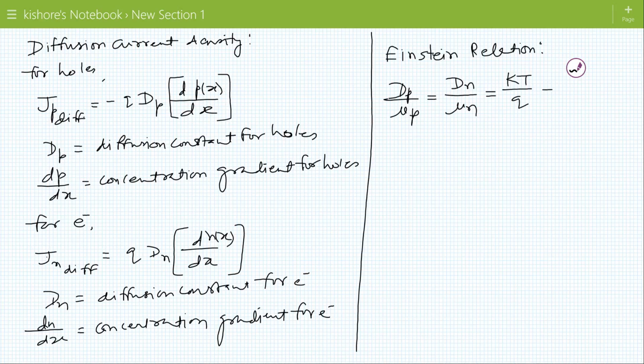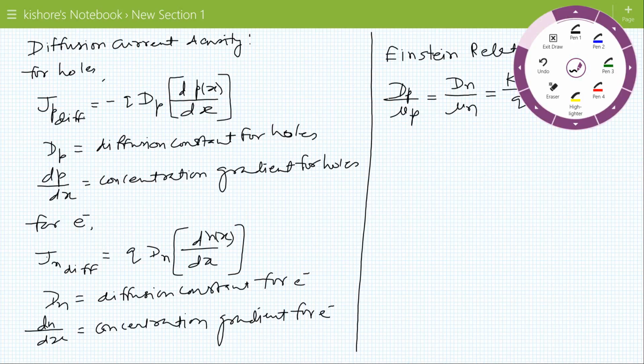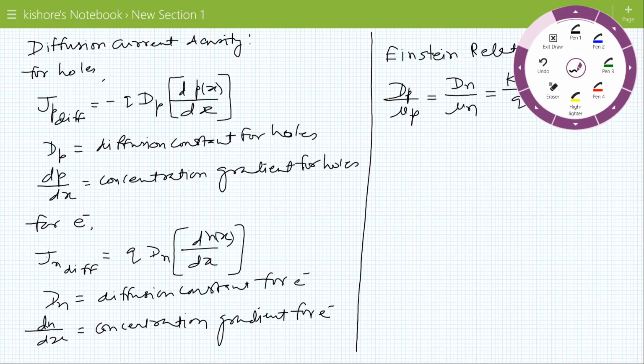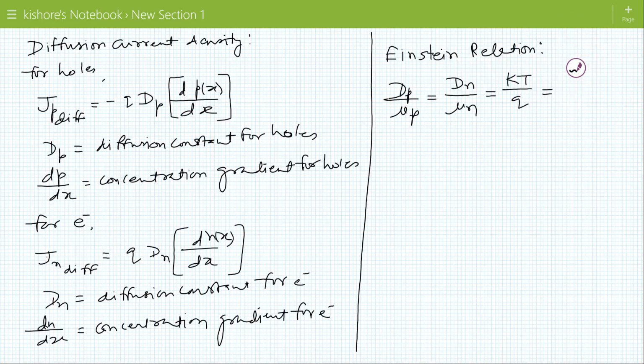And if we substitute the values of k and q, then this relation is T by 11,600, or this kT by q is also denoted by Vt, that is called volt temperature equivalent.